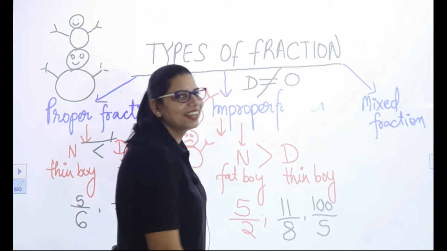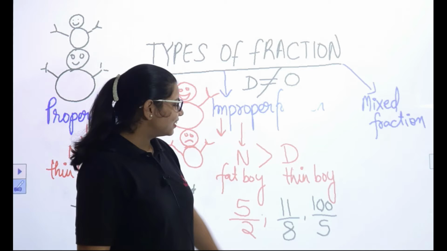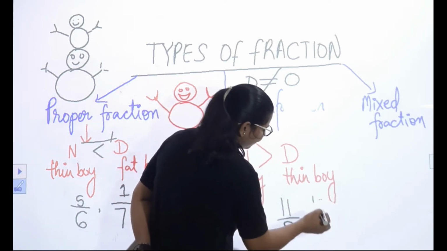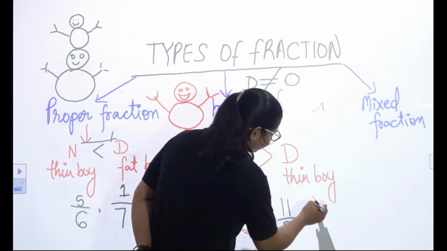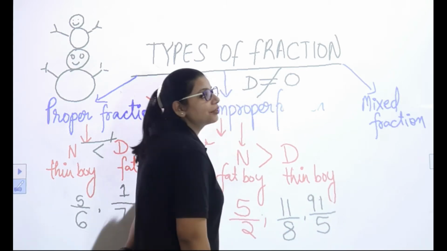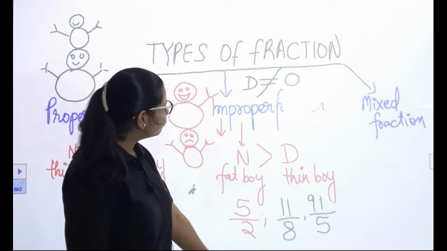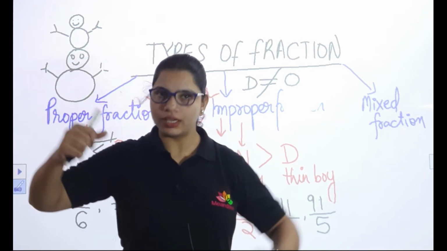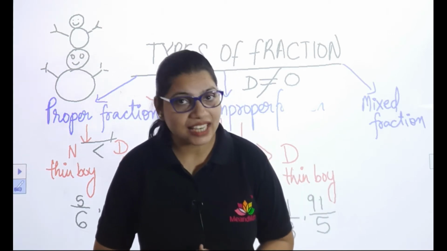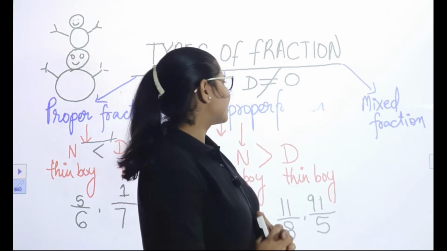Oh my gosh. Let's make it smaller. Let's say for example I will be taking 91 upon 5. Then it's too big. So these types of fractions where the above one is fat and the below one is thin, small, are called improper fractions.